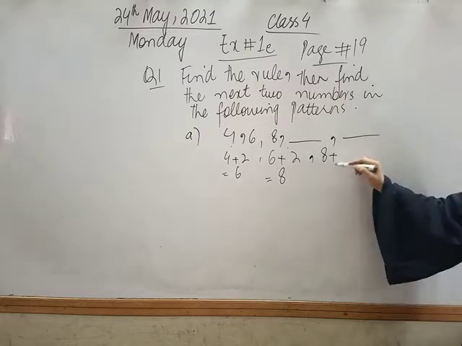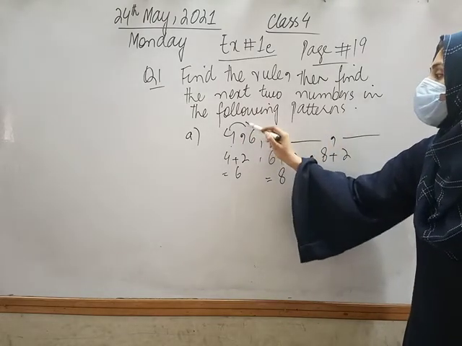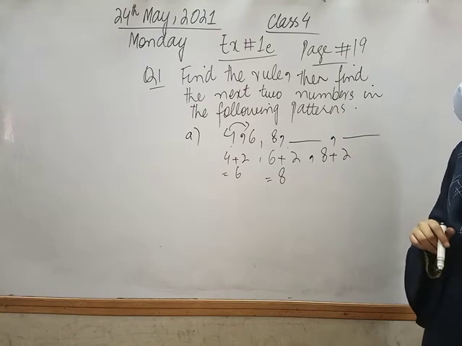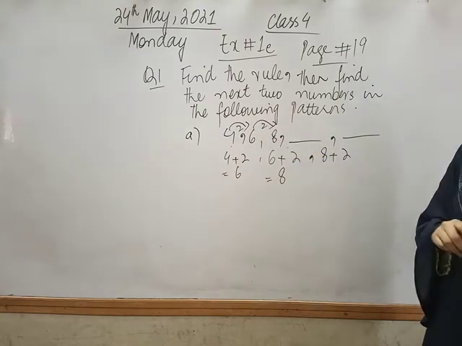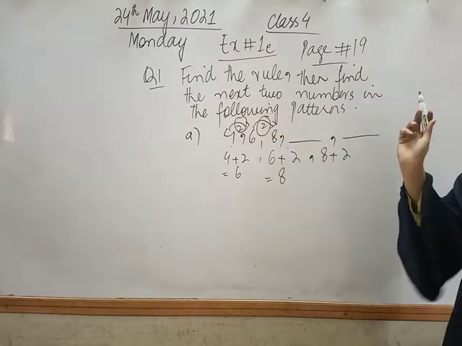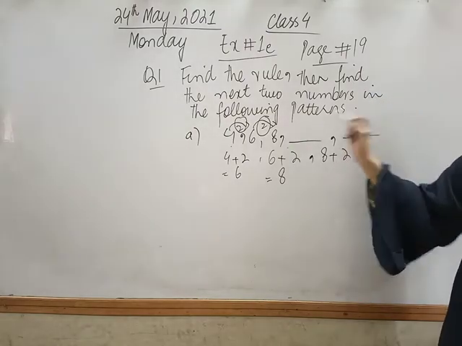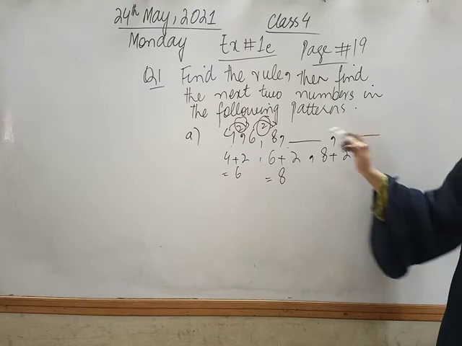Very good. 2. Why did I add 2? Because if you look, here we added 2 and got 6. Then again we will add 2 to this. It is the same. So after 8 we have the same difference, which is 2. 8 plus 2 is 10.